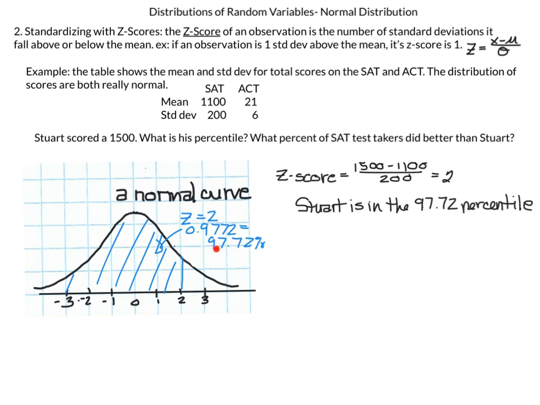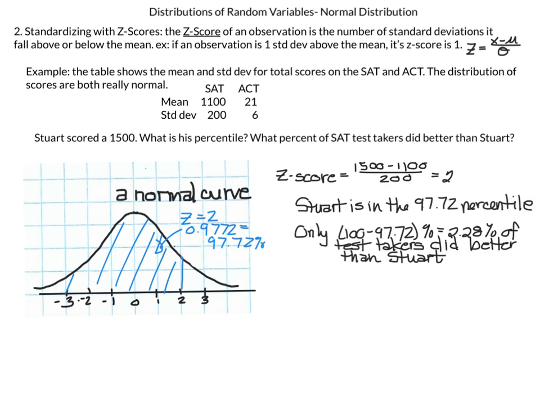In other words, 97.72% of the test takers are below the 2. So this area under the curve from negative infinity to 2 would be 97.72%, which means Stuart is in the 97.72 percentile, and only 100 minus 97.72, that's 2.28% of the people did better than Stuart.